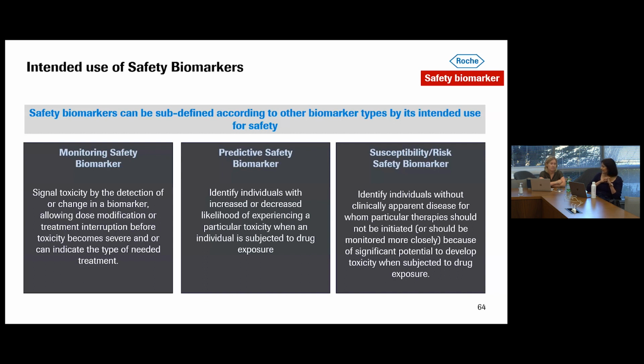It's not that trivial to do. They're often on co-medications, you know, these patients are on other pain medications, this, that, and the other. So safety is a lot more challenging than efficacy.